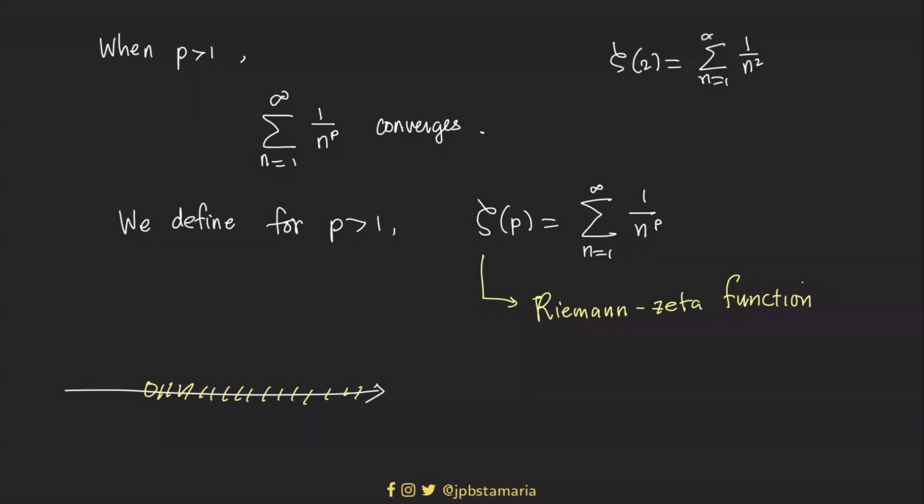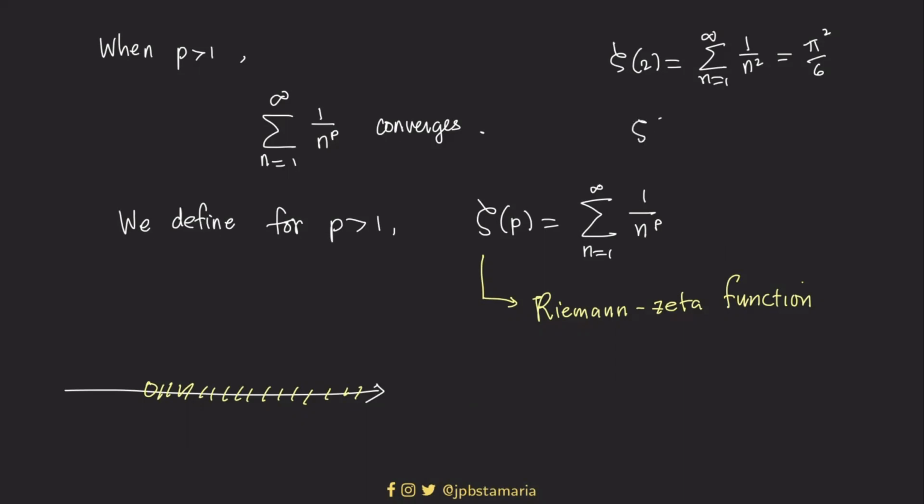Alam niyo ba na ang value nito ay pi squared over 6? Imagine niyo, paano nagkaroon ng pi, paano nagkaroon ng 6 dyan sa sum? Well, gumamit ng Fourier series to determine the exact value of this. But of course, we will not do it here. You might study it someday, but not here.